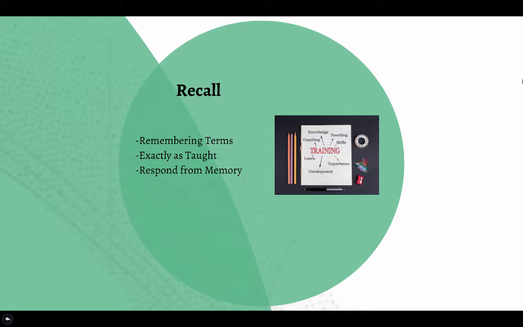To correctly answer a recall test item, students remember and respond exactly as taught. A recall test item requires students to respond from memory instead of selecting the responses from 2 or more choices. Listing the steps in a call procedure and answering a completion question by labeling the steps are an example of a recall test item.